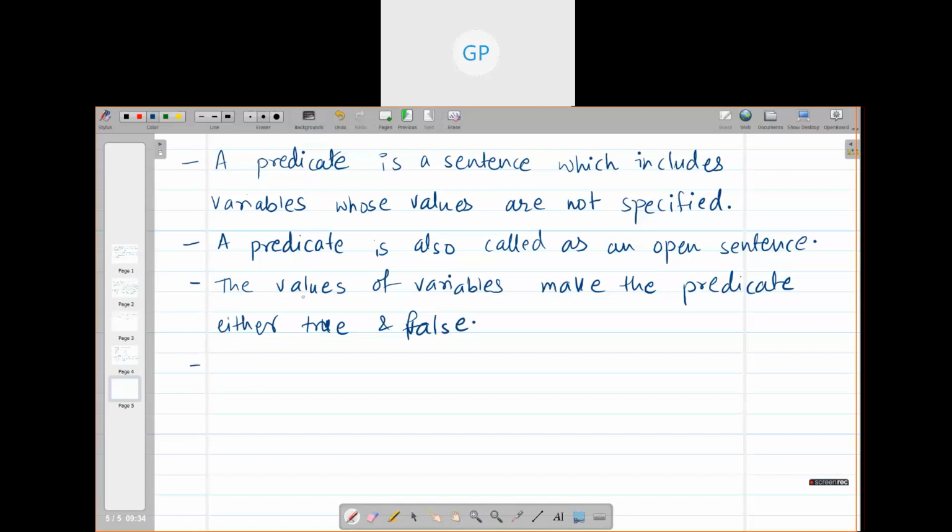See, for example, if I say X is a student of first year BSc Computer Science. Now, in place of X, if I write Shraddha Nigot, then it is a true statement, right?